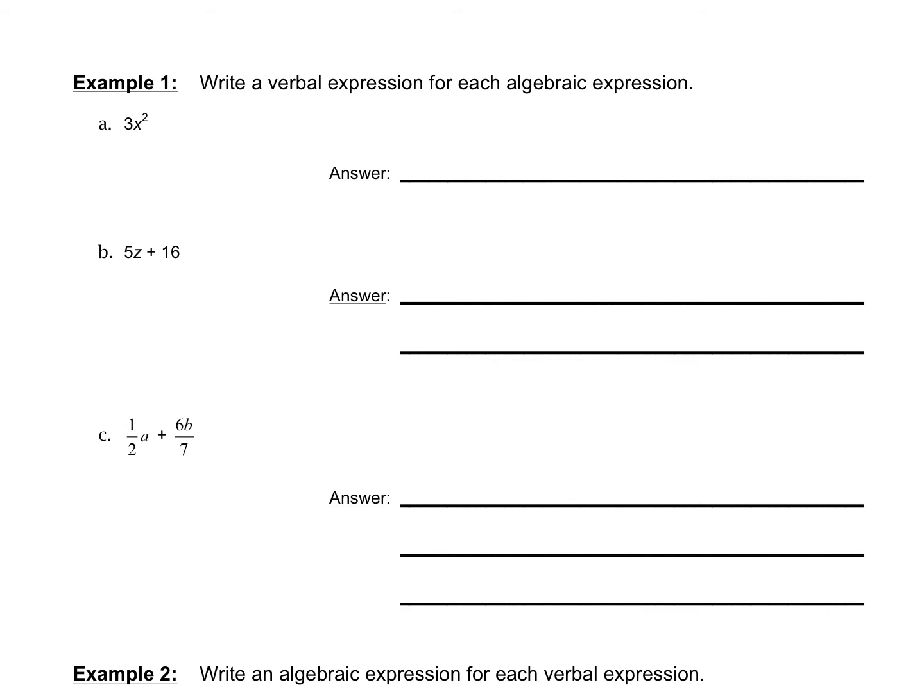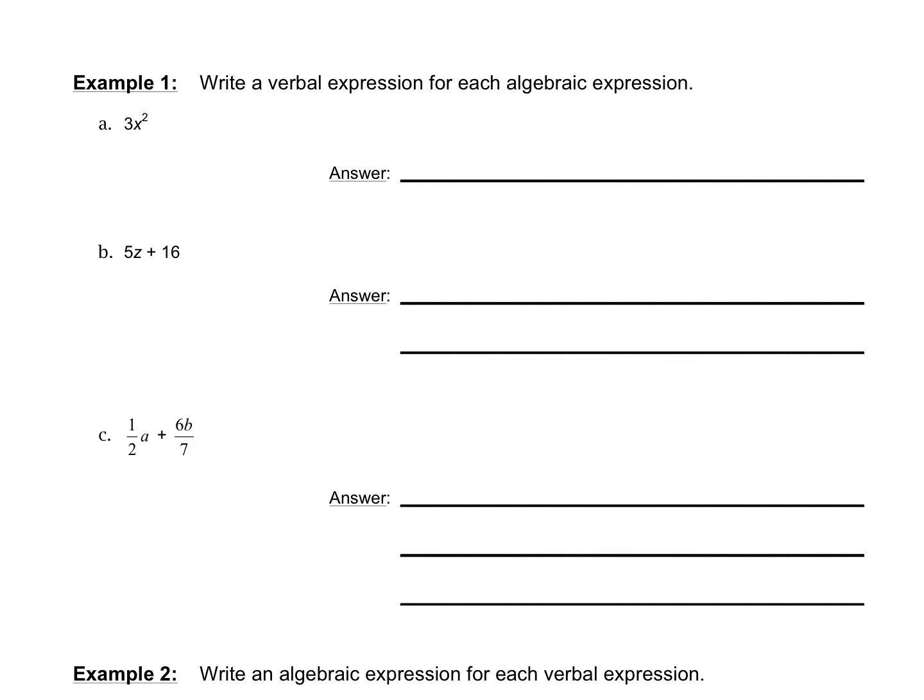For example, you could say 3 times x squared, 3 and the product of x raised to the second power. There are multiple ways that we can actually write this. We're just taking it and we are writing this verbally. We're translating this into a verbal expression.